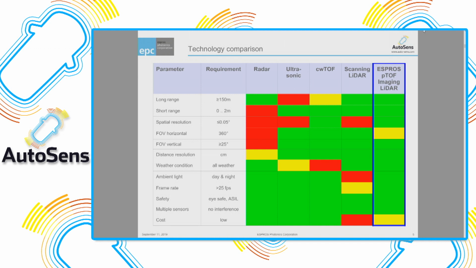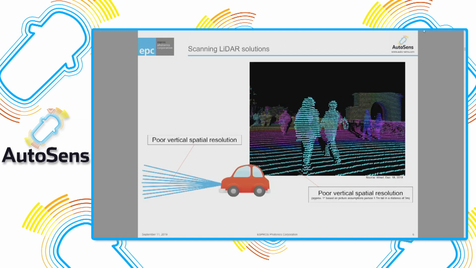A small point is the horizontal field of view of 360 degrees. You can only do that by implementing multiple cameras around the car, whereas with a scanning sensor you can do that in a 360 degree manner. And cost currently is not green yet, but it's a question of the volume to achieve a low-cost implementation.